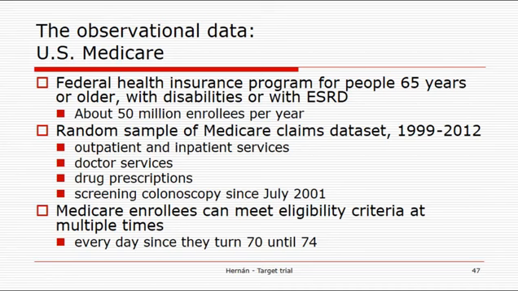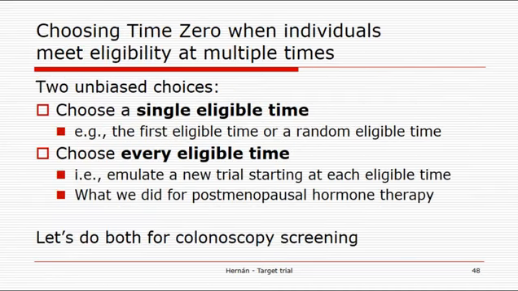So what is time zero for that person? One possibility is to choose a single time zero, just choose it at random. Choose one, and that's it. Another possibility is to include in the analysis all possible time zeros that that person has.